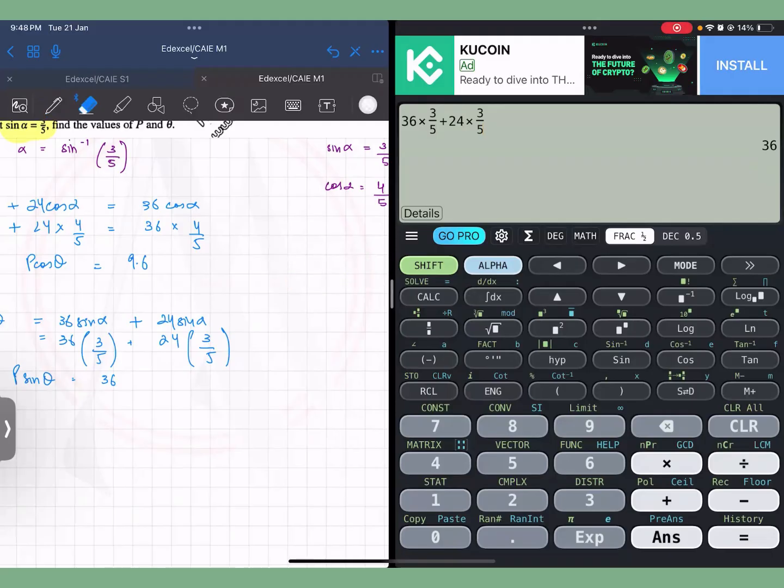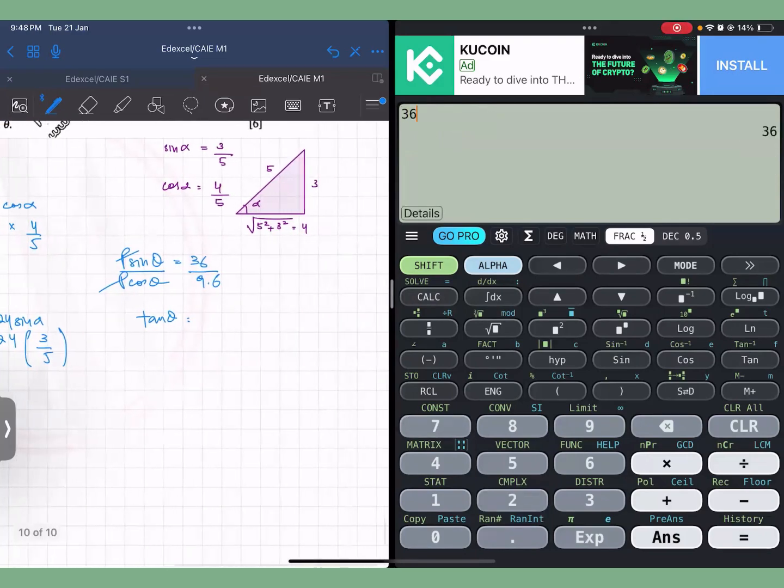Sorry. So you take the first equation, P sine theta is equal to 36, divide by the second equation, P cos theta is equal to 9.6. Now the P and P would cancel out, and tan theta is equal to 36 divided by 9.6, 3.75.